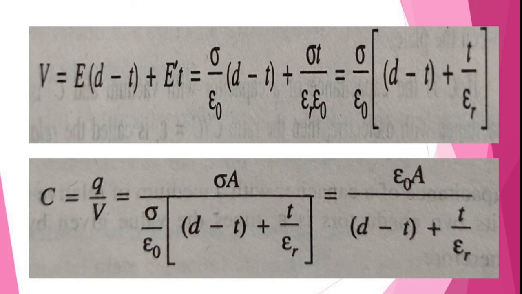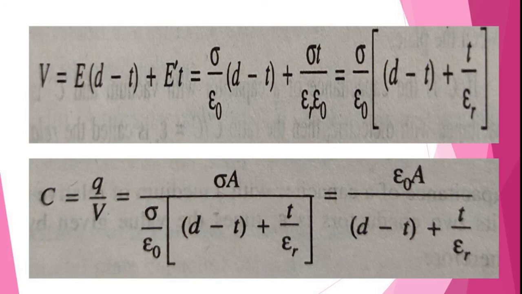From that you can calculate capacitance as Q by V, where Q is equal to sigma A. So cancelling sigma, you will get capacitance as epsilon 0 A divided by d minus t plus t by epsilon r. How can you compare this capacitance with that of an air capacitor?